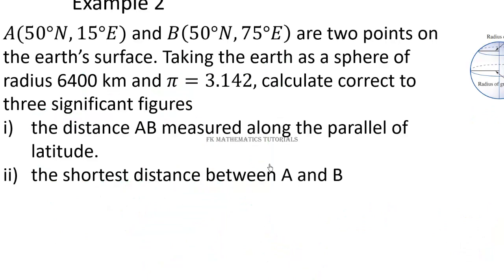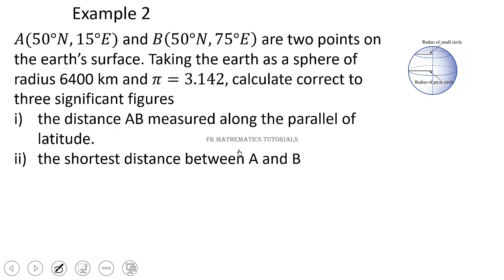So let's take an example. We have A 50 degrees north, 15 degrees east. And we also have B 50 degrees north and 75 degrees east. These are 2 points on the Earth's surface.